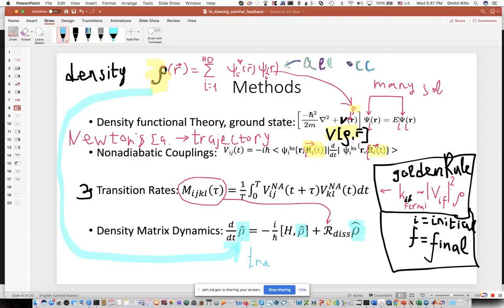Yes, and it does depend on time. So this rho is time dependent and is able to describe transition processes. So it is, in some sense, a transition density. All right. Okay. Next slide.